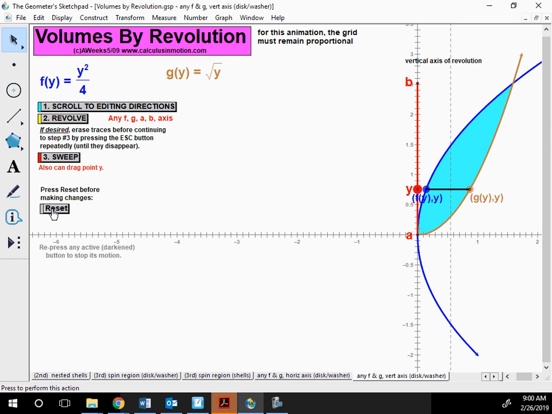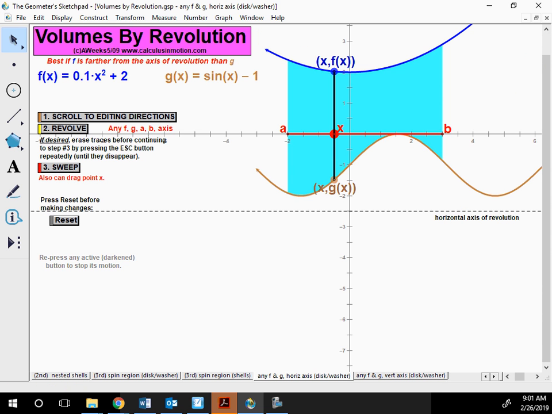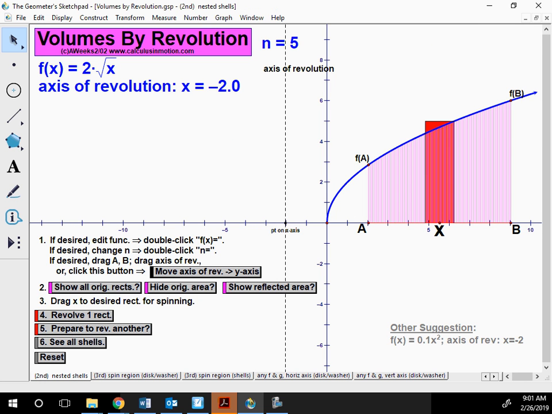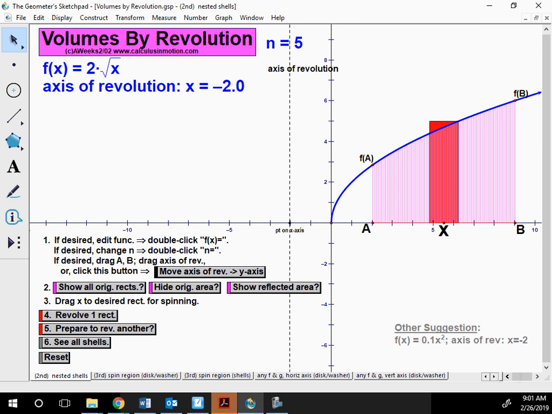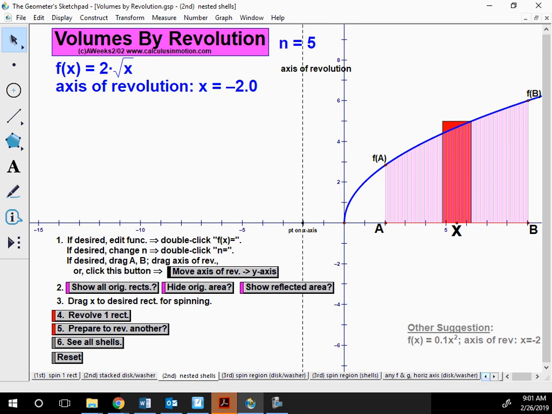Okay. So this is what we're going to be working with today and next class. We're going to stick with just the disk method, which is when we don't have a gap.